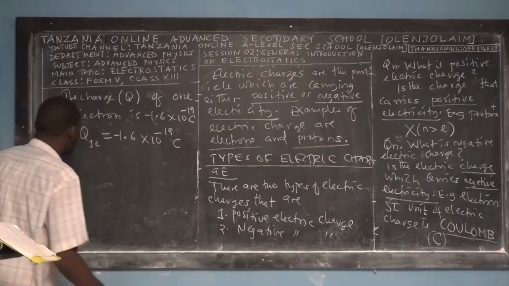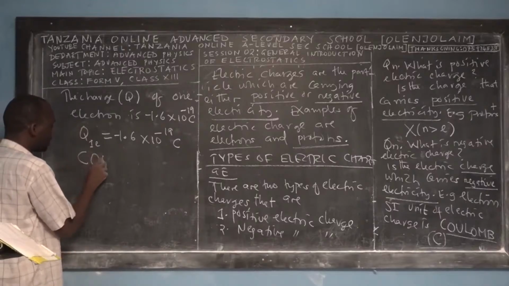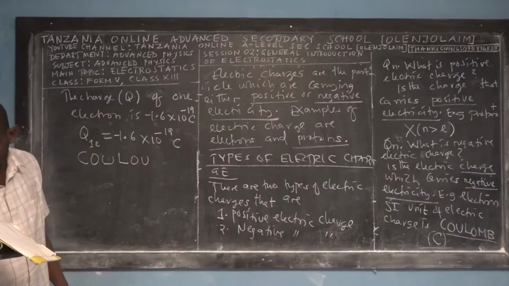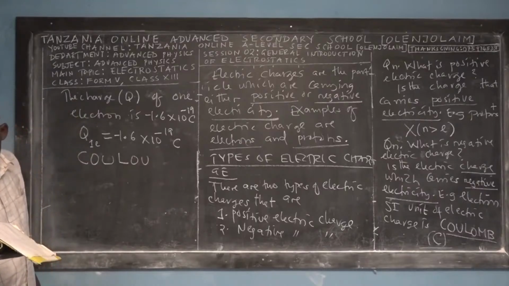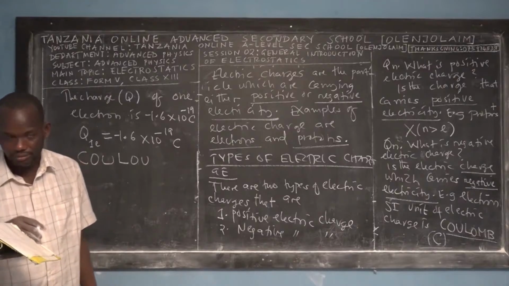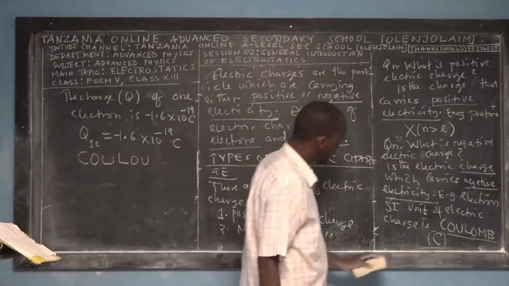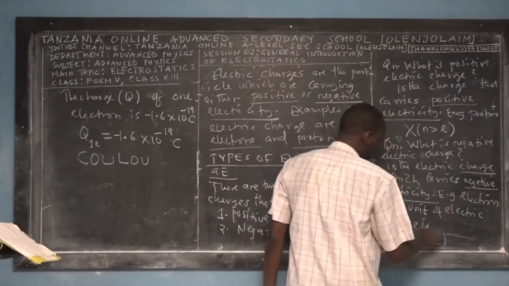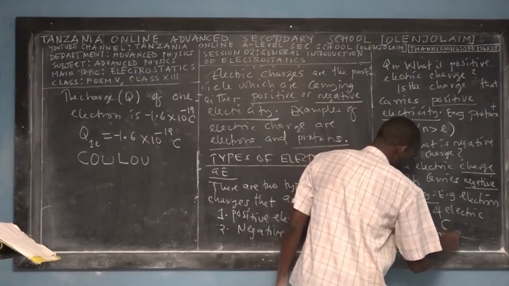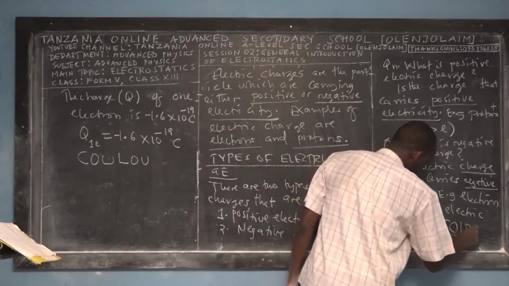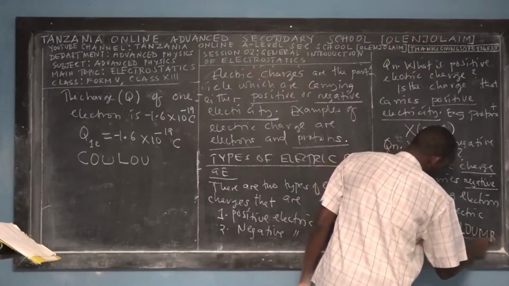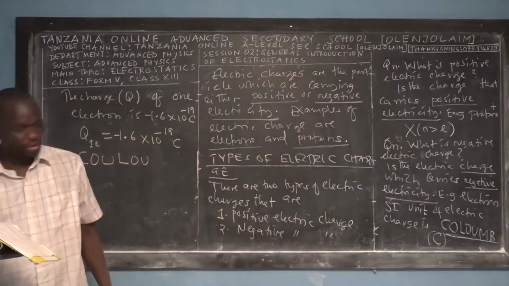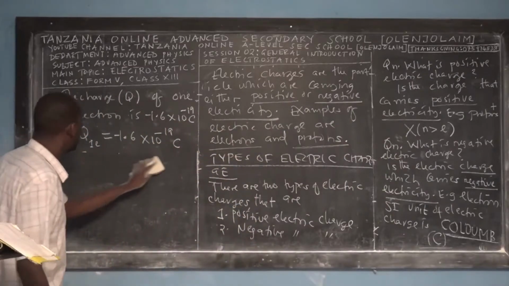So now we have another vocabulary. This vocabulary, possibly you forgot it, but we met it during our O-level education. So you have a vocabulary that we call the Coulomb.